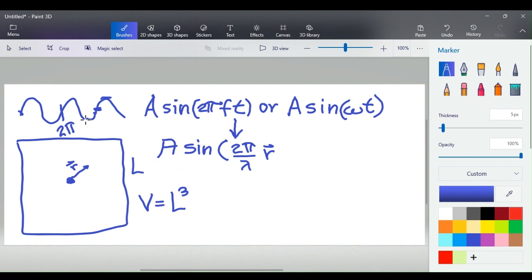Then I'm going to say, and this looks a little strange here, minus omega t. And if you look at this now, then it looks like this r is involved here.